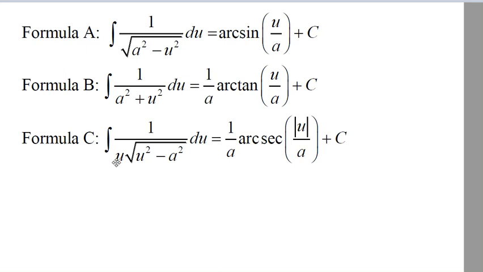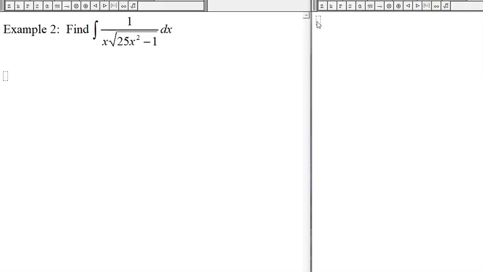The integral that we want to find looks similar to this formula right here. So we'll use this formula.